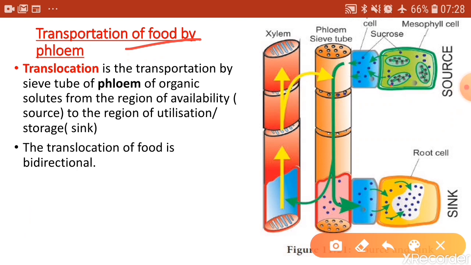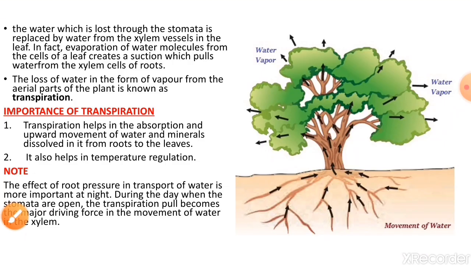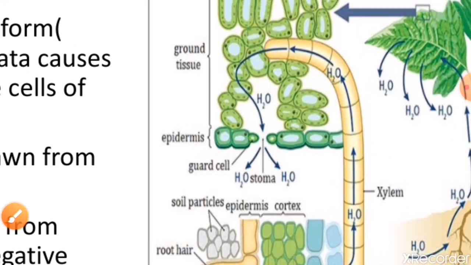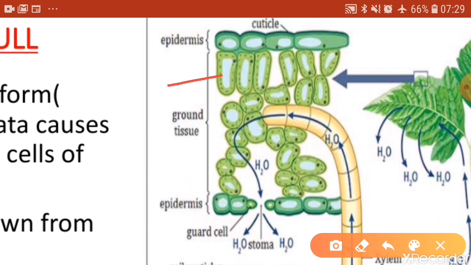Food, as you all know, is made in the mesophyll cells of the leaves. Already I have discussed the cross section of the leaf. Just have a look at this cross section. These are the mesophyll cells, and in the mesophyll region you've got xylem. You don't just have xylem vessels, there's phloem also.